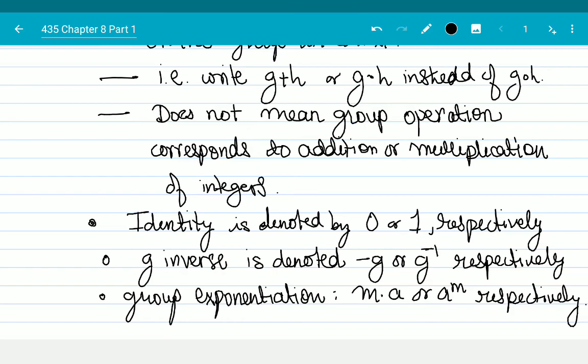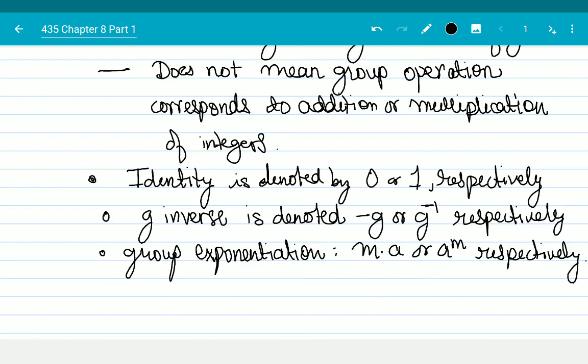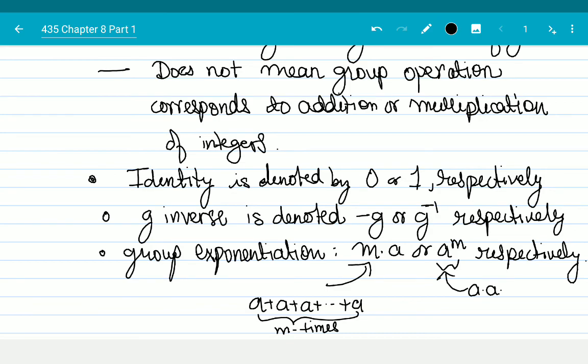Okay, so if the operation is plus, I am going to be doing a plus a plus a plus dot dot dot a, m times, and this is a times dot dot dot a, m times.